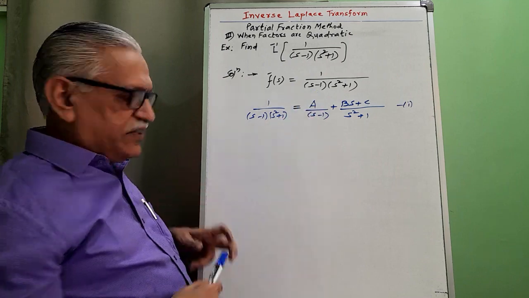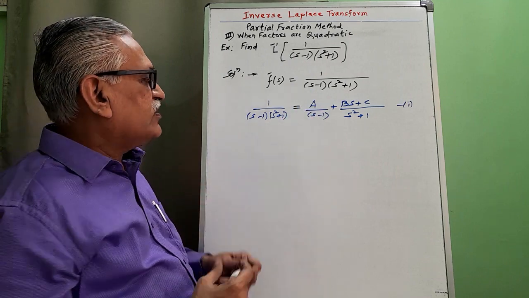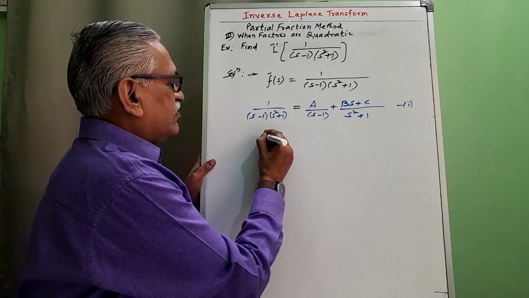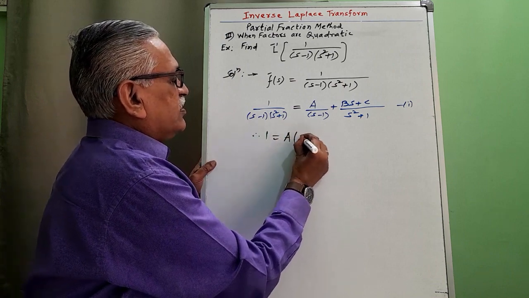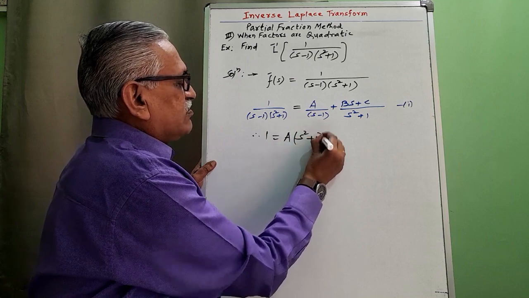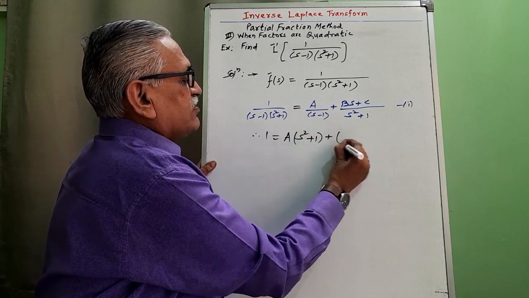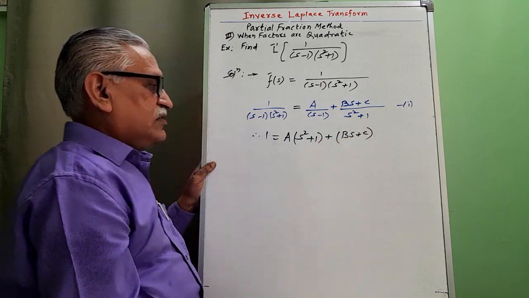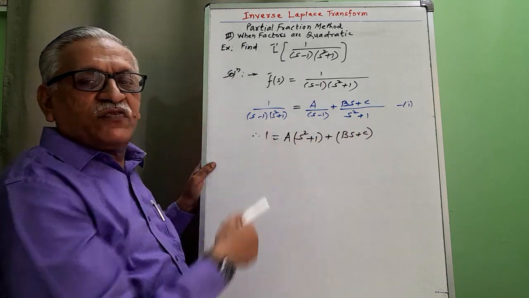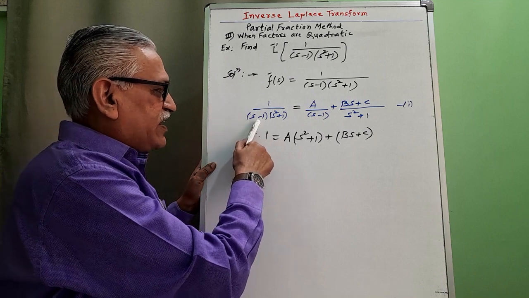Multiply by that to A, we get 1 is equal to A into (s square plus 1) plus (bs plus c). Dividing by this, s square plus 1 gets cancelled, the remaining term is s minus 1.